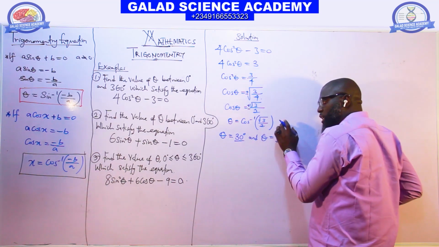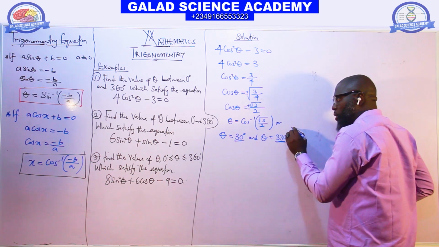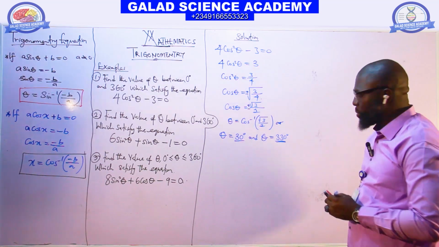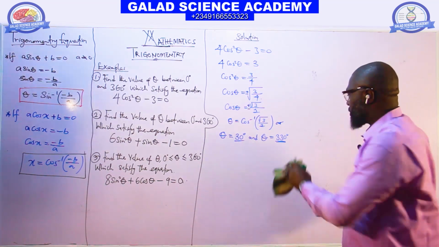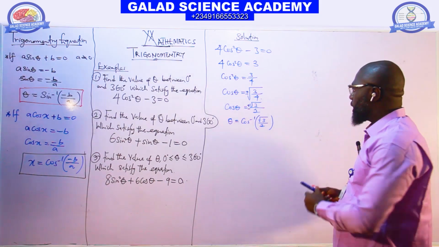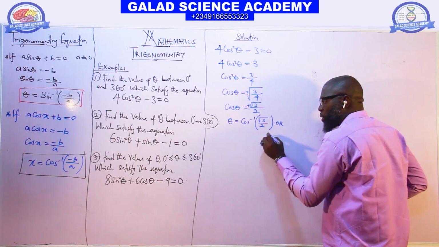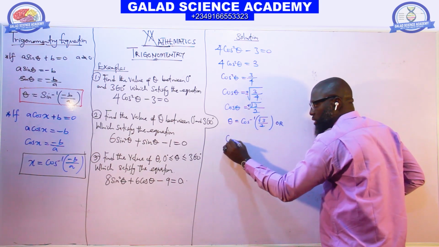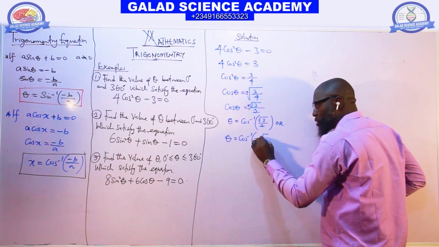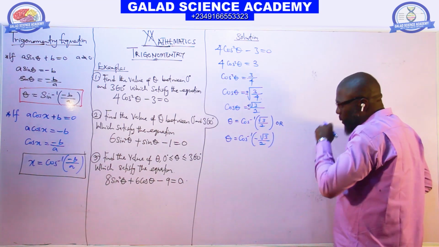So if you want to take the cos here now of the plus, or you can also say cos theta equal to cos inverse of minus root 3 over 2.